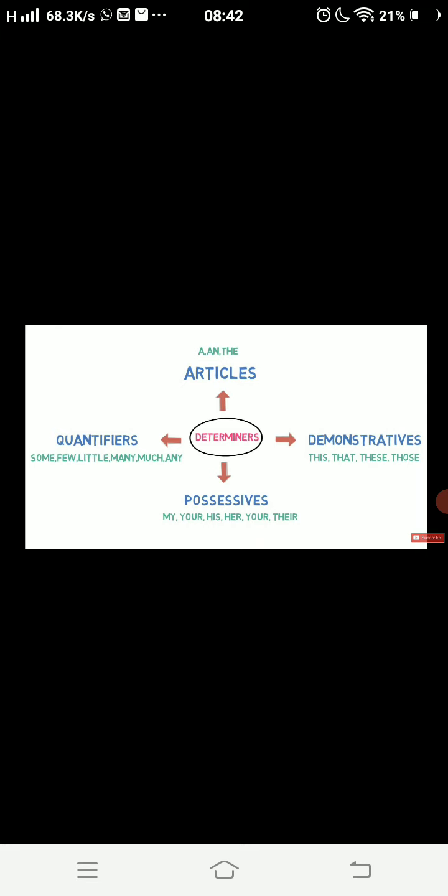After that I will be telling you other kinds also, but first we will focus only on these four kinds. Determiners of distribution and determiners of interrogative will be told later on.